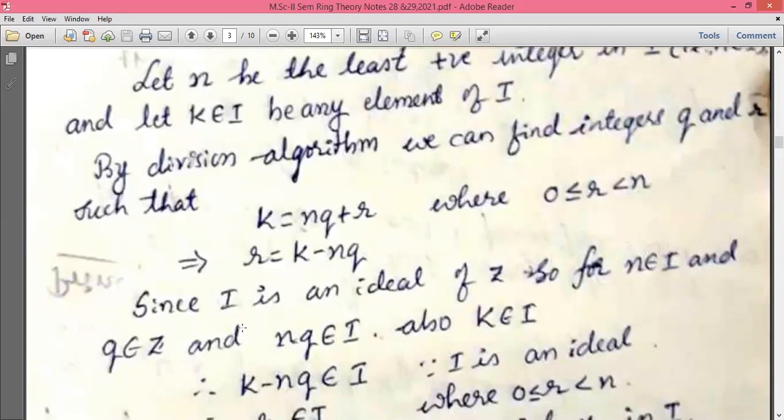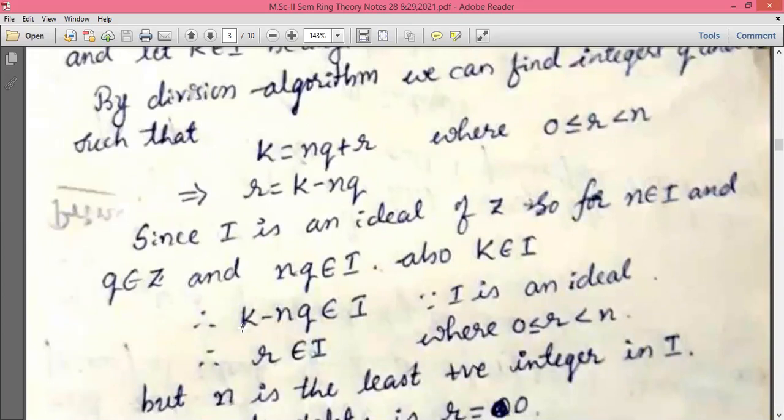Since I is an ideal of Z, n is an element of I and q is an element of the set of integers, so nq also belongs to I. Also k definitely belongs to I. Since I is an ideal, k minus nq is a member of I. That is r.